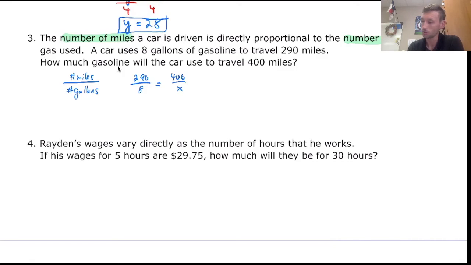Then we'll cross multiply. So 290 times X, and then 400 times 8 is 3,200. Divide both sides by 290.